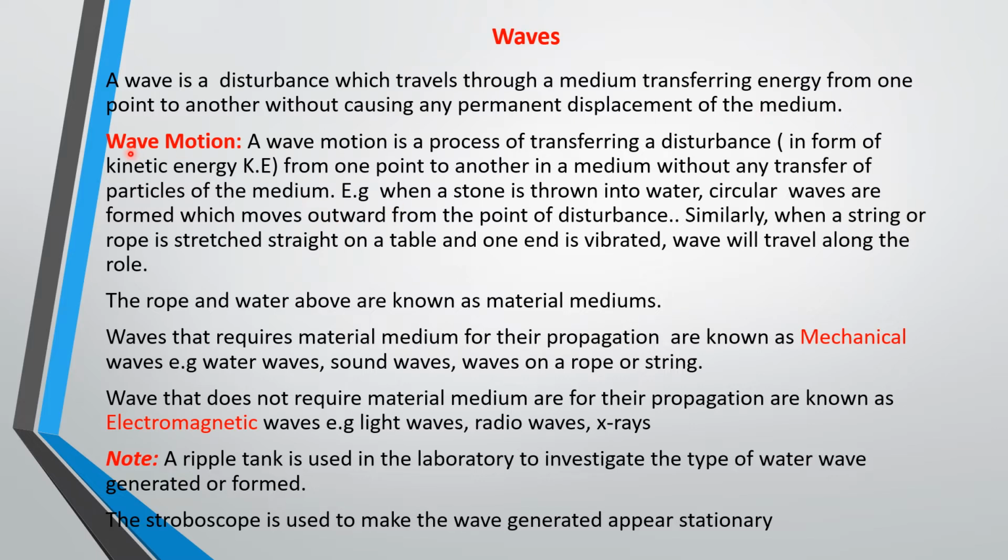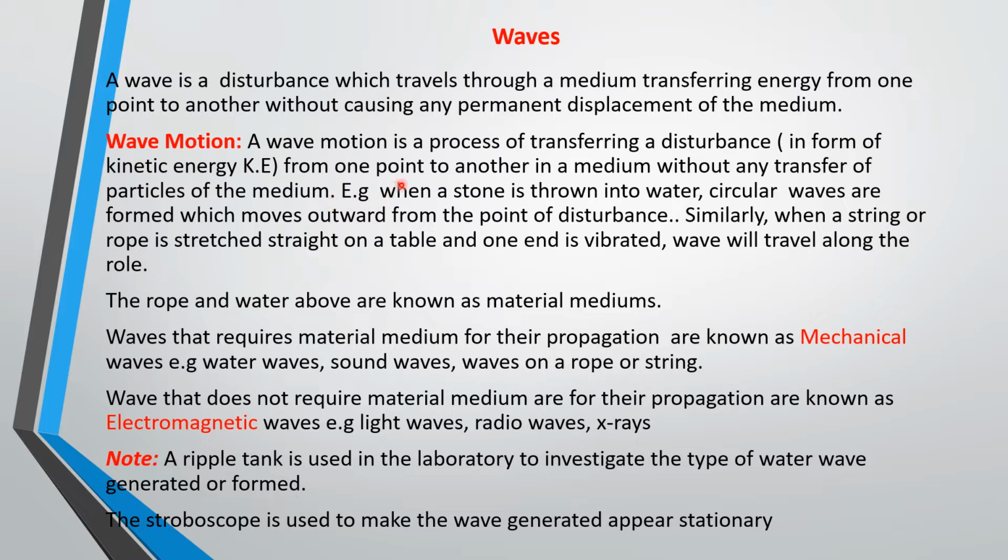All right, so wave motion. A wave motion is a process of transferring a disturbance in the form of kinetic energy from one point to another in a medium without any transfer of particles of the medium. That is exactly what I just said now. The water particles will not be transferred, but you will see that the water body will be agitated.